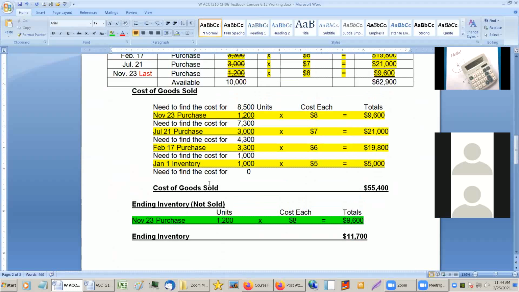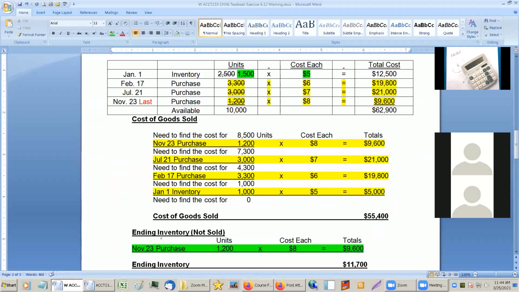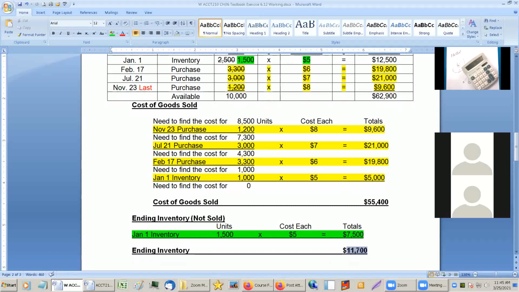So ending inventory, this is going to look a little bit silly. We have 1,500 at 5 from January 1st. $3,500, I think. You want to check that. So the total is 7,500.